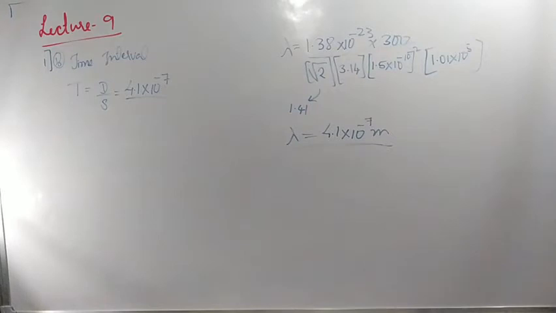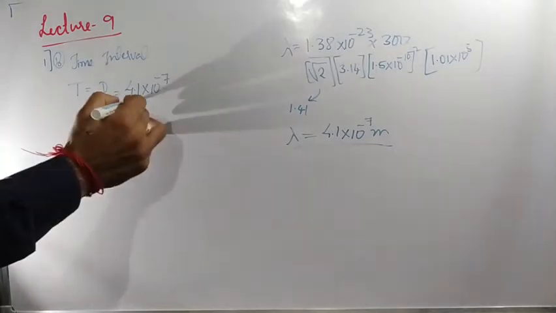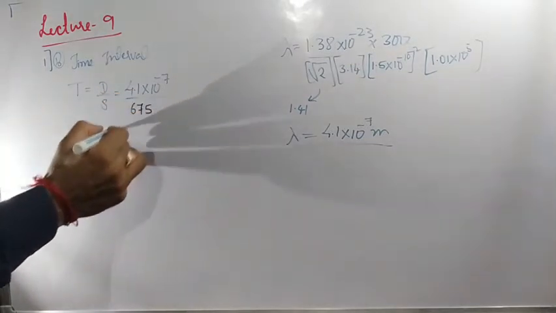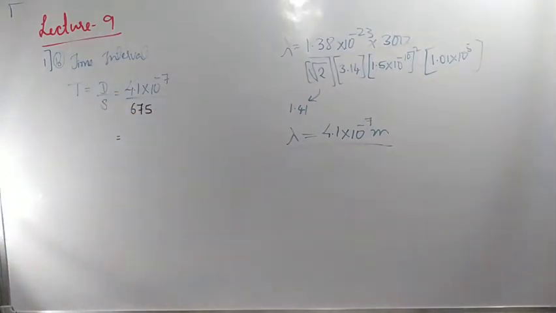How much they had given in our question? 675. Correct, no? So if you calculate this out, how much are you going to get, just cross check. So 4.1 divided by 675. So approximately how much should you get?